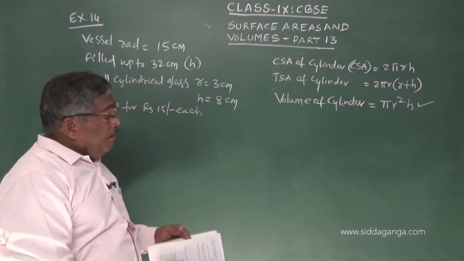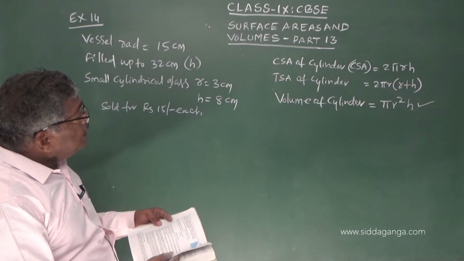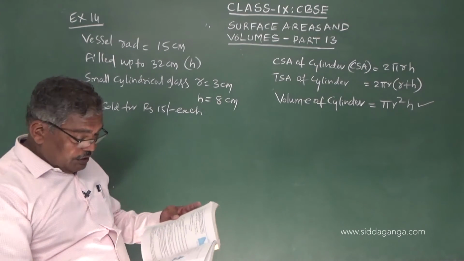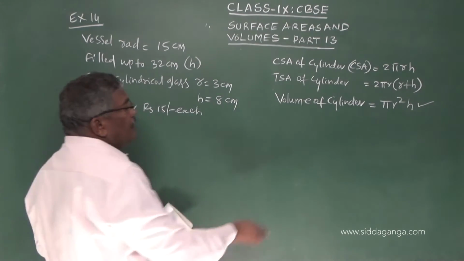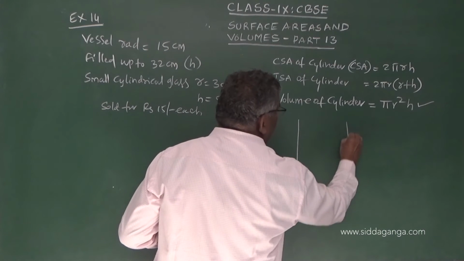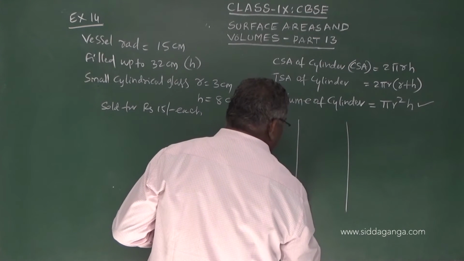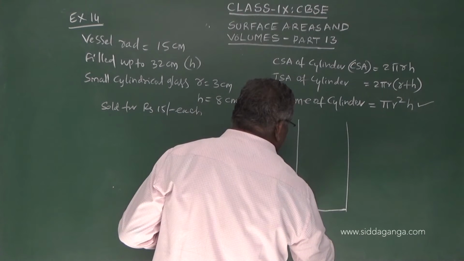So here he says, the question, first you understand the question. There is a cylinder of 15 centimeter diameter, a big cylinder, and its diameter is 15 centimeter.